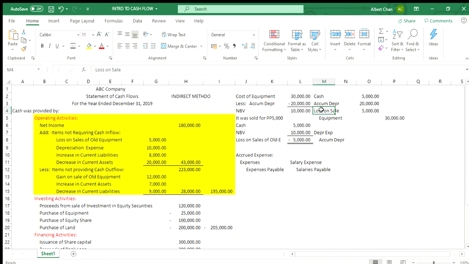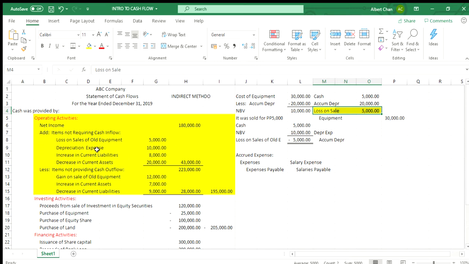This loss on sale will be reported in the other income section of the income statement, as an other expense. Therefore your total expenses will increase and your net income will decrease, but there was no cash outflow. So in order to compute the actual cash provided by operations, you have to add it back.